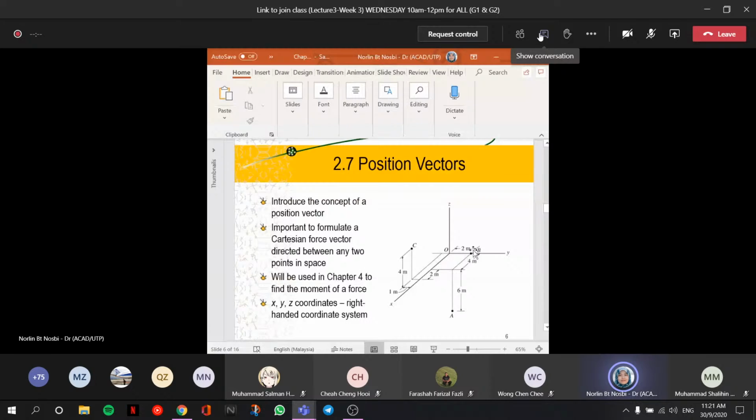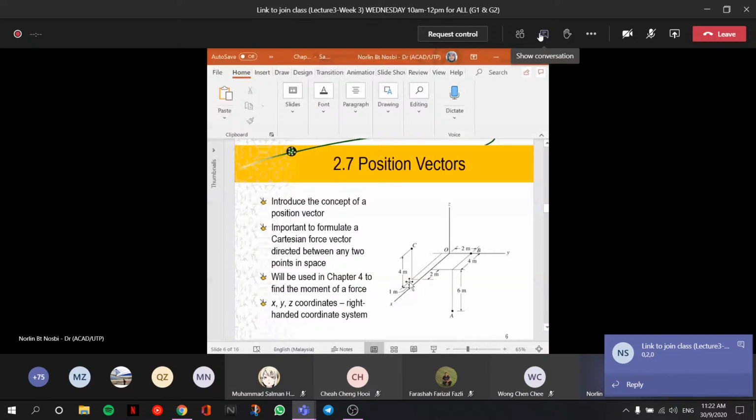What is the coordinate for B? 0, 2, 0. X is 0, Y is 2, Z is 0. Yeah, correct. And then how about C?